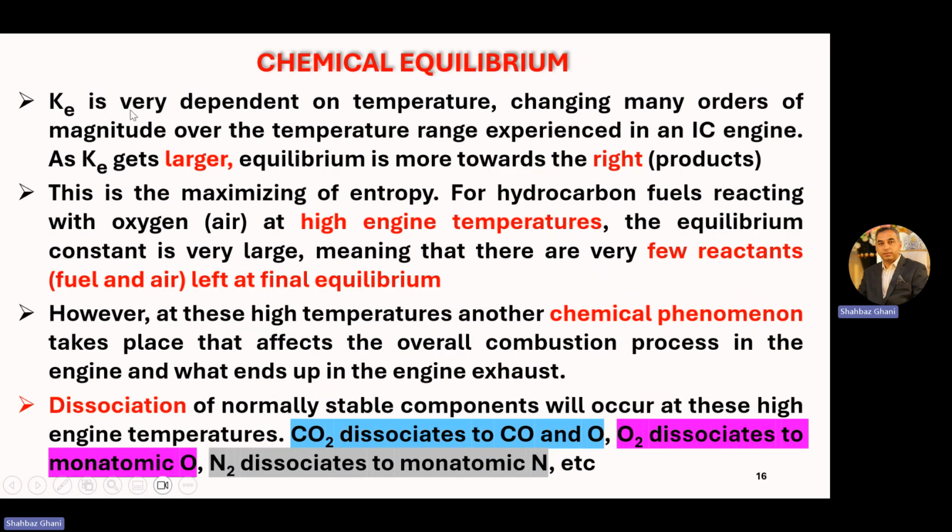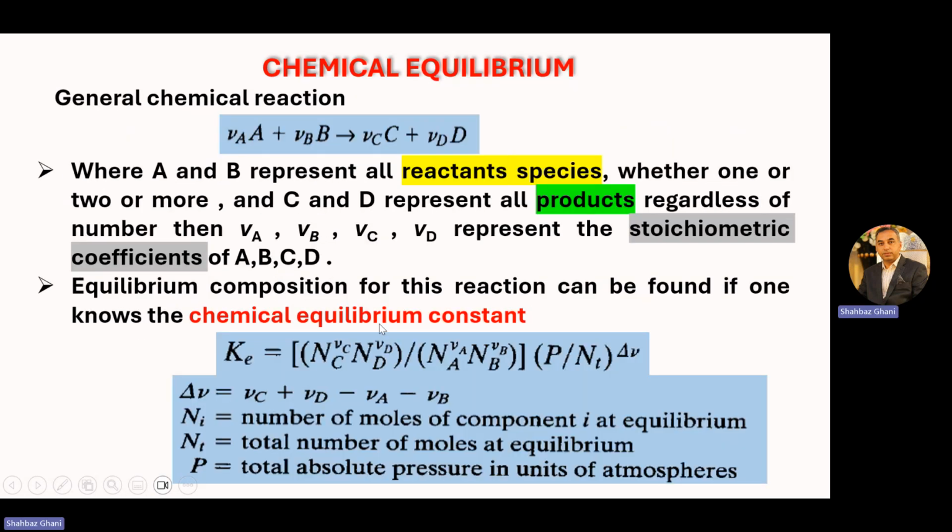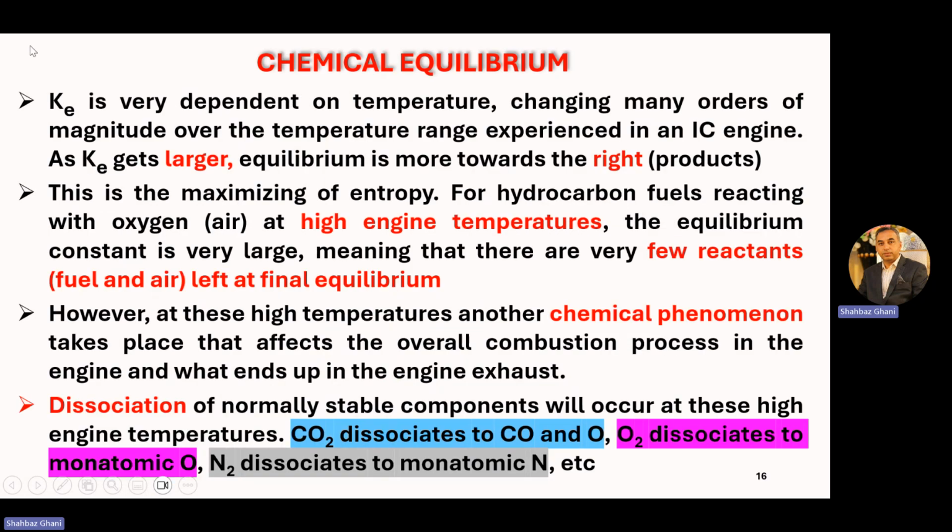Now, Ke is very dependent on temperature. What is Ke? It is your chemical equilibrium constant. That constant is very dependent on temperature, changing many orders of magnitude over the temperature range experienced in an IC engine. As we know, during the intake stroke, the temperature varies from TDC to BDC.